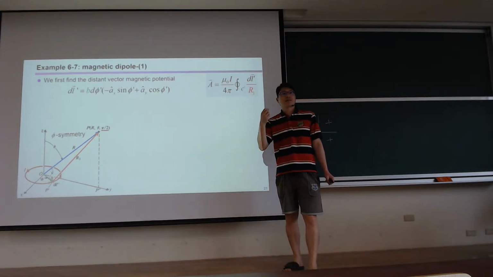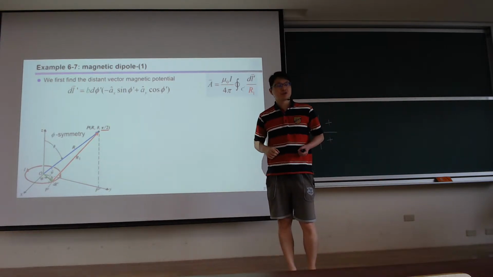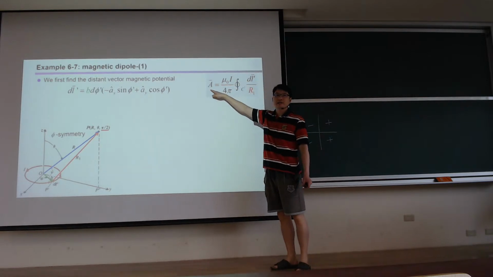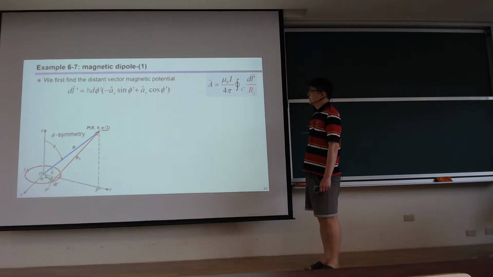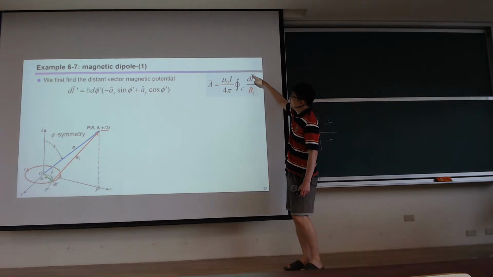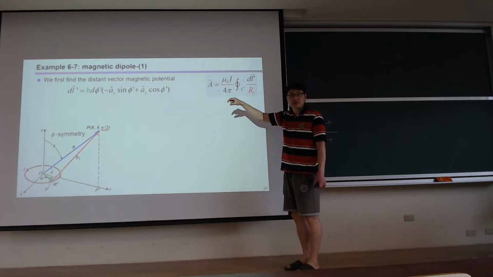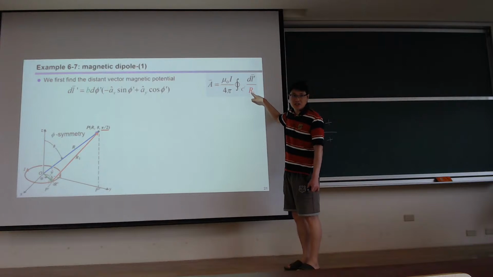The solution of three scalar Poisson's equations, and we combine them together. So once we know the current distribution, we can directly find the vector magnetic potential A. So all I have to do is, well, I have a well-defined differential length for each piece of segment on the dipole. And for each piece of segment, I need to correctly formulate its distance.